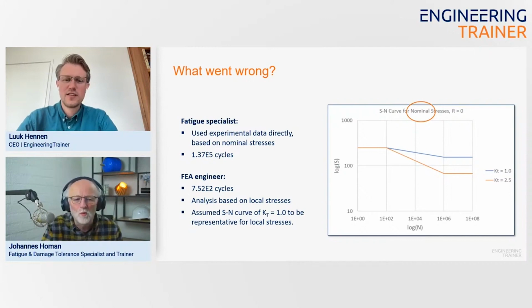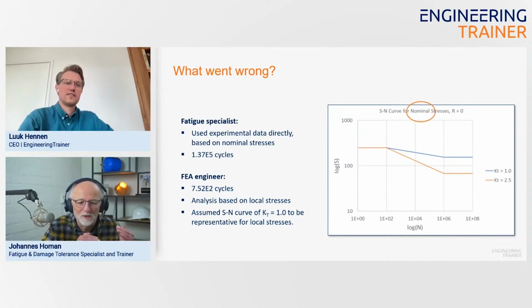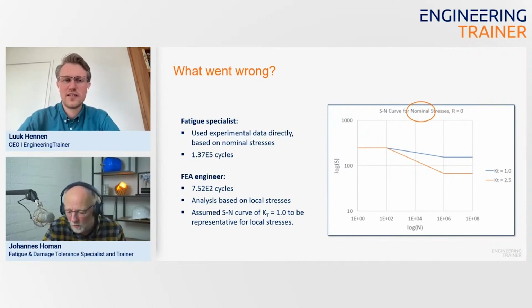We have to look at what the actual meaning is of the KT value, the stress concentration factor. It's a geometrical factor. You already asked me, how do you determine the KT? Well, it depends on the geometry, and the geometry only, in fact. And it only means that the peak stresses, so the local stresses, are a factor KT, in this case 2.5, higher than the nominal stresses.